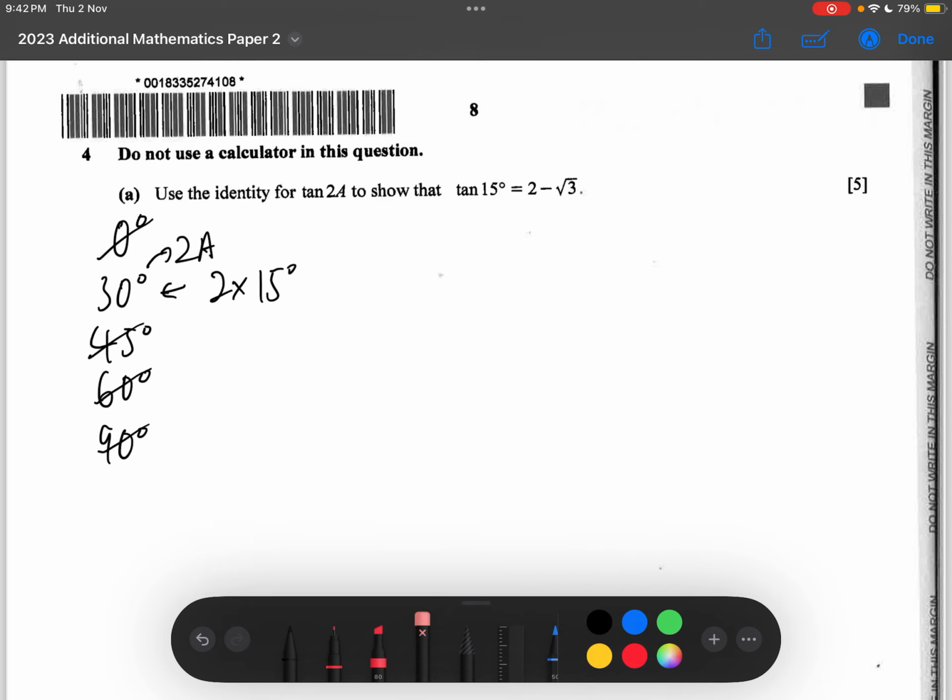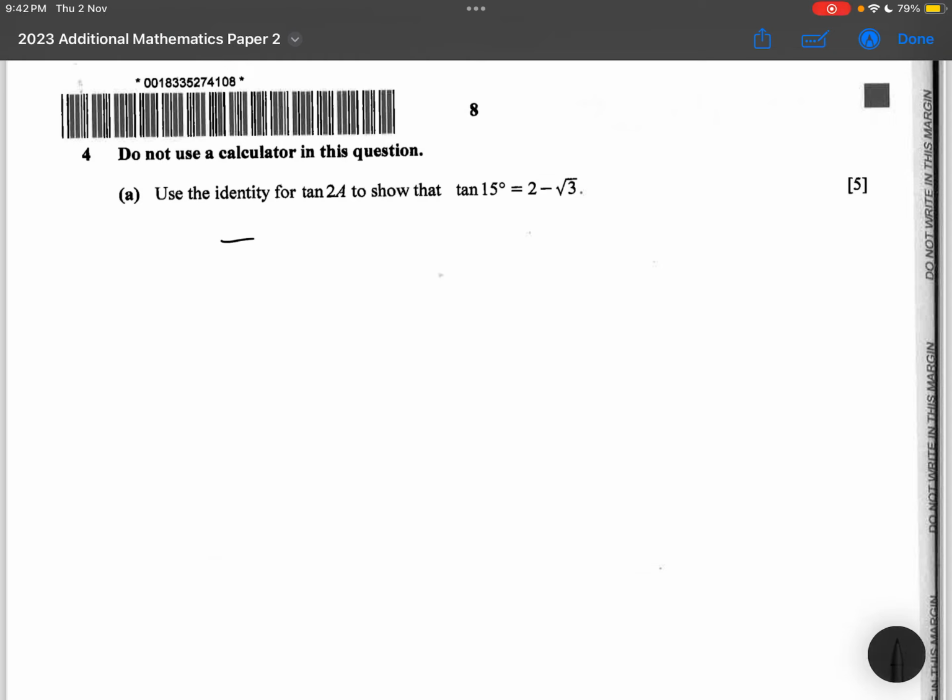And then I can get started on the question. So I will start off here with tangent 30, and with reference to the formula sheet, it is 2 tangent 15 over 1 minus tangent squared 15.